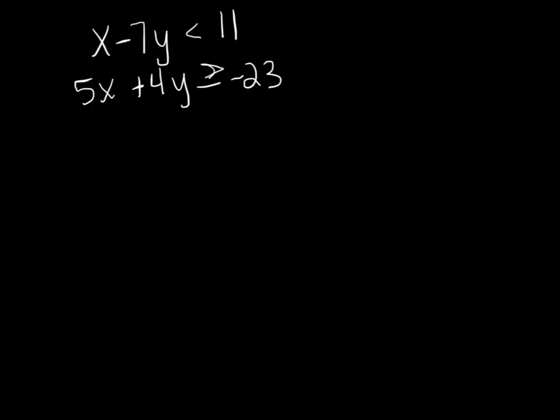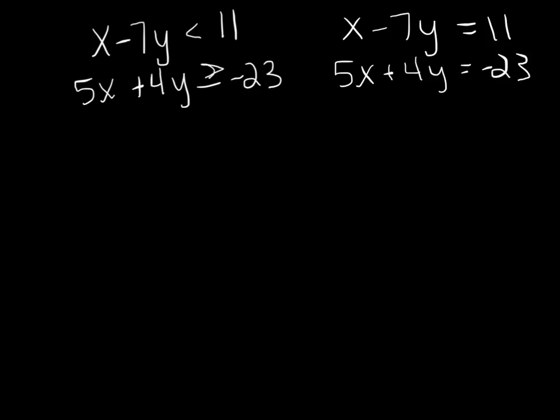So what you're going to do is take these inequalities and just turn them into equations for right now. So we're going to turn it into x minus 7y equals 11, and 5x plus 4y equals negative 23. And that's just for the time being, just so we can find the point of intersection. So one of their solutions.